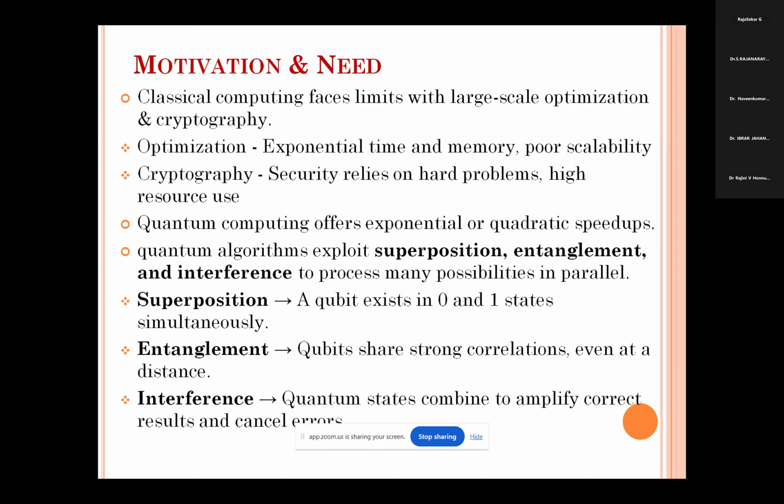These are the three factors: exponential time and memory, then poor scalability, and cryptography, where security relies on hard problems and high resource use. Small scale, solvable problems can be solved easily by cryptography classification. But the toughest problems, where any threats or hacking can occur, need the highest resources to solve.